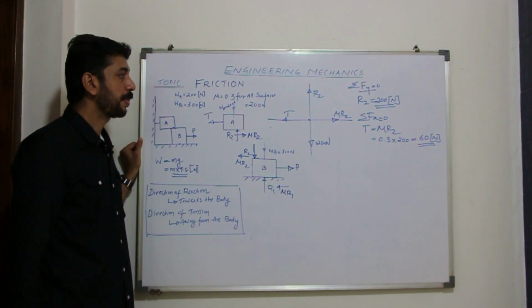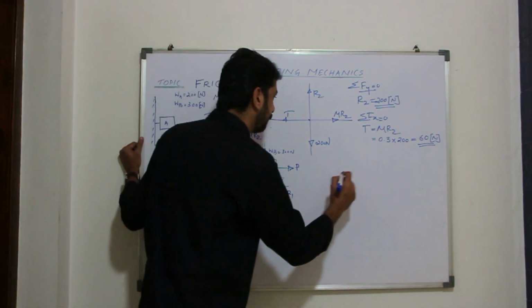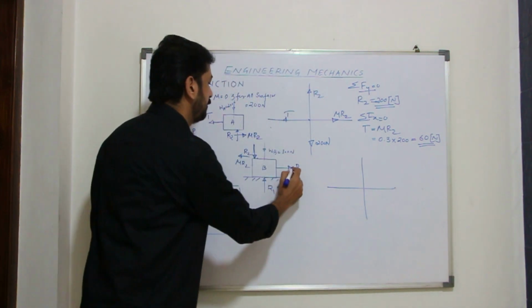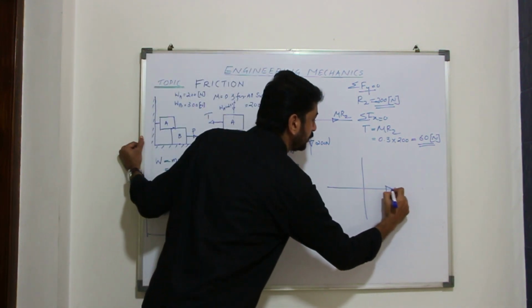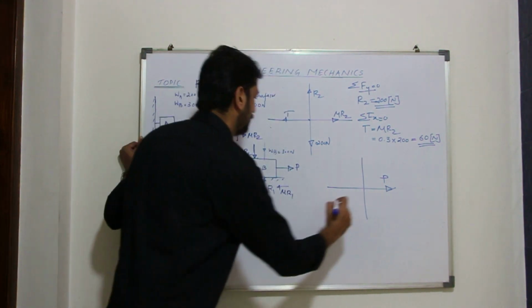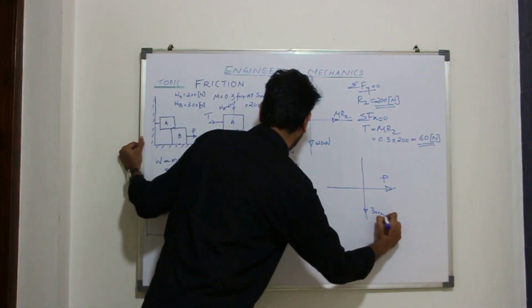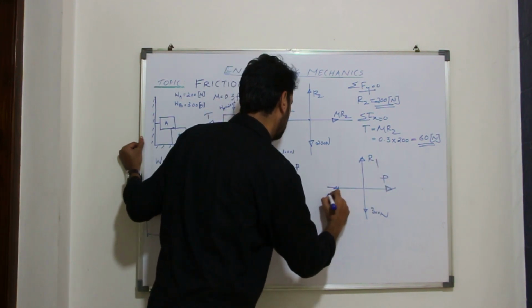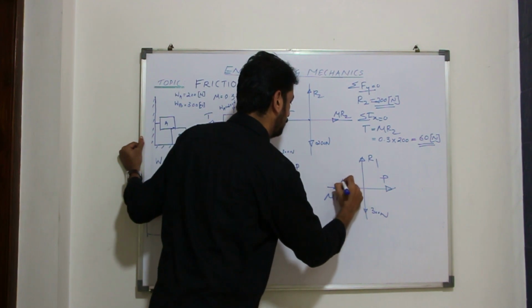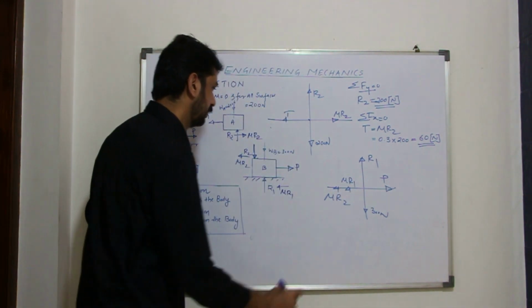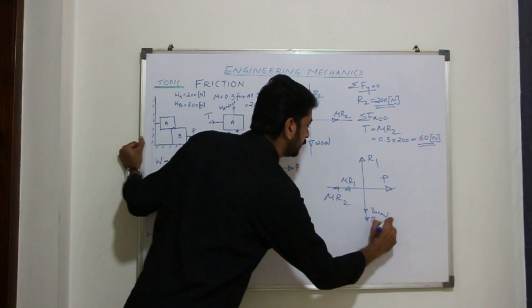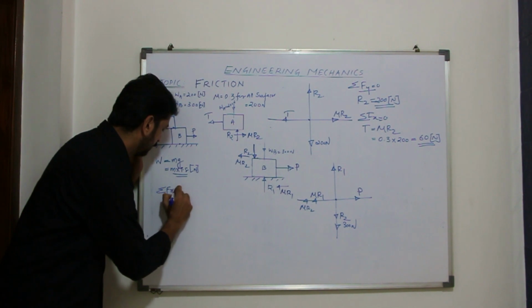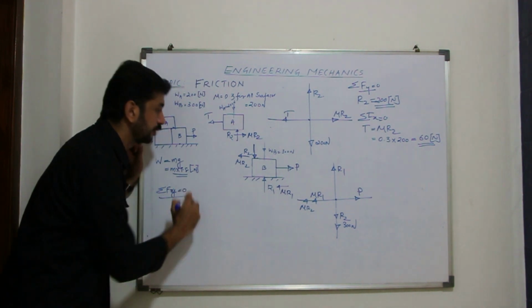In the case of block B, P is acting upward towards right, 300 Newton acting downward, R1. Applying the equilibrium conditions in the case of block B, sigma Fy is equal to 0.